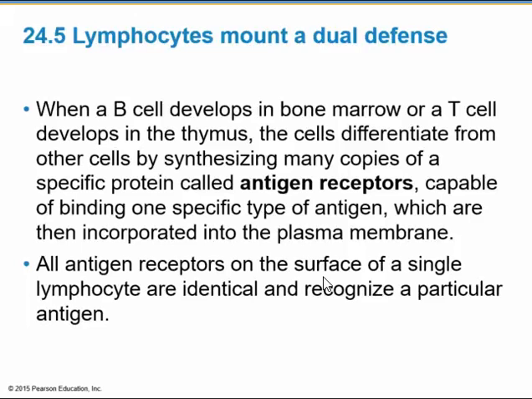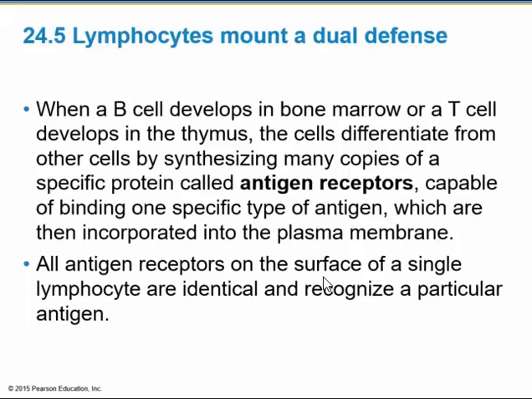When a lymphocyte develops either in bone marrow or in the thymus, the cells will differentiate from other cells. They will synthesize proteins called antigen receptors, which are capable of binding one specific type of antigen. Once these proteins are synthesized, they're incorporated into their plasma membranes.